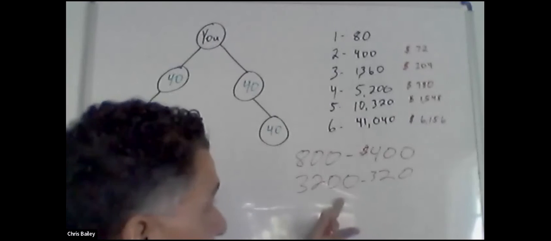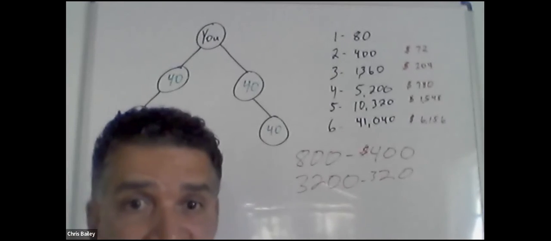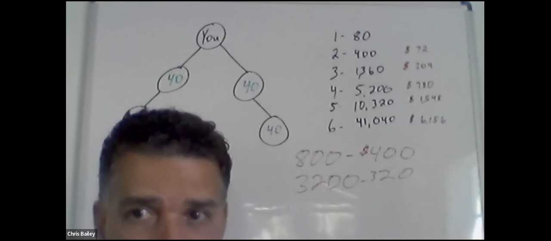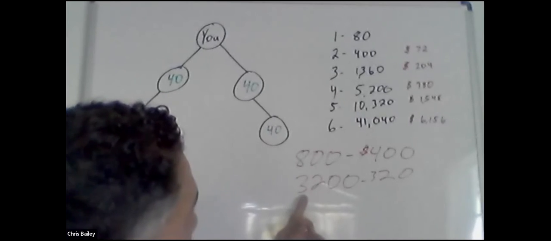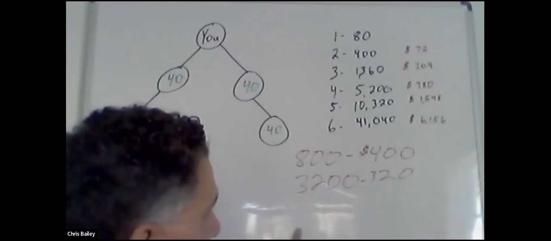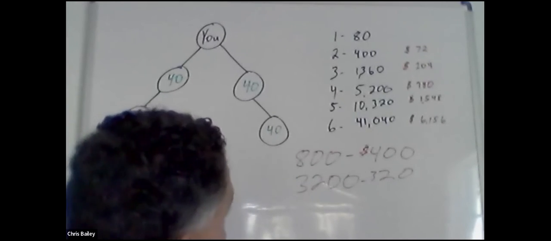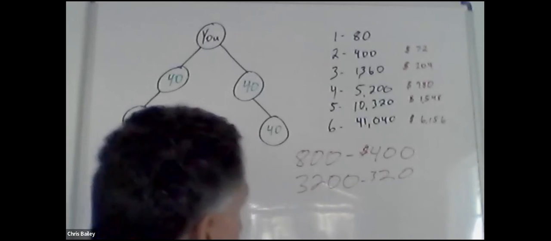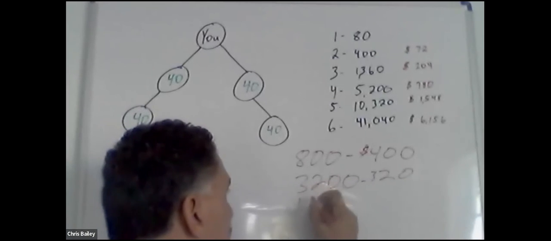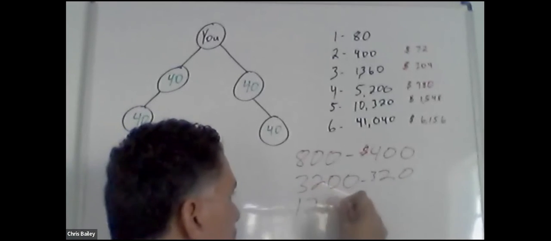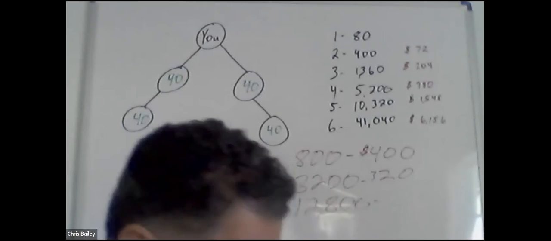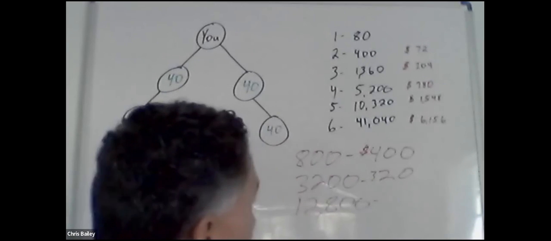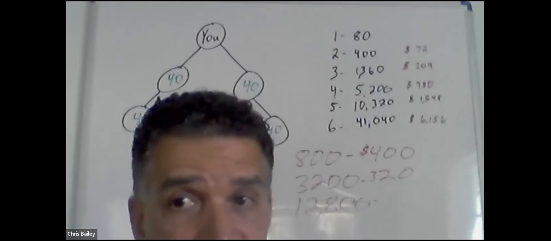Month 3, they would still earn, because I think it's 8% on the third level. As you can see, it would be 4 times 3,200, which is 12,800 times 8%. I'm not that smart.